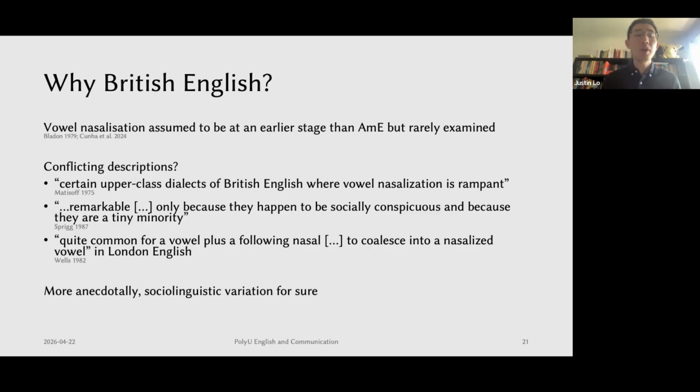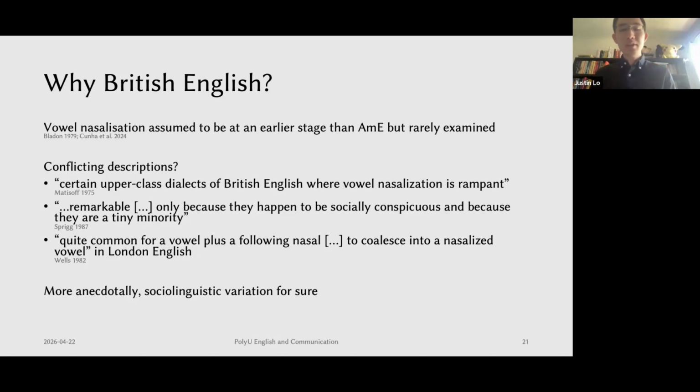And very often we have this assumption in the literature that British English doesn't really do anticipatory nasal co-articulation. We assume that it's at a much earlier stage than American English is, but there isn't really empirical evidence until these last 1 or 2 years when people are starting to look into it.